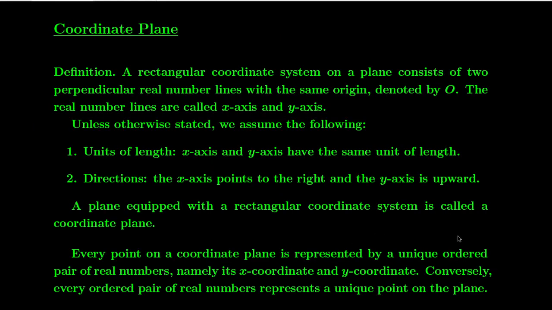Now I will show you the screen again. After setting up a Cartesian or rectangular coordinate plane, every point on the plane, now look at the mouse cursor, is represented by a unique ordered pair of real numbers. It means their coordinates. And conversely, every ordered pair of real numbers represents a unique point on the plane.